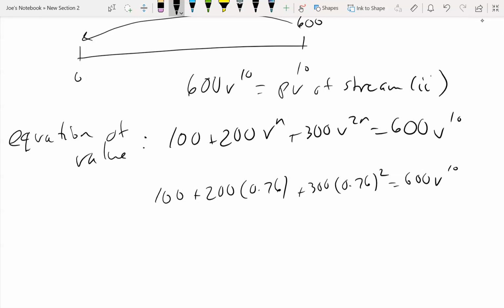Do the arithmetic on the left side, divide it by 600, take the 10th root. I'm going to skip a lot of arithmetic details because I'm going to assume you can do arithmetic, at least with the help of a calculator.